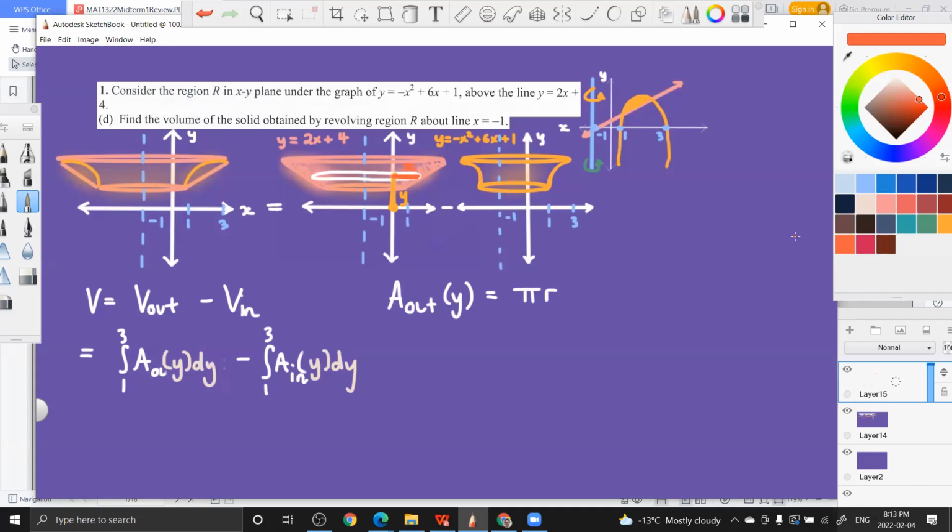So what is the radius? If you guys can guess, it's very easy. We know that this is negative 1, so the distance from here to here is 1. So the radius is just x plus 1, and this is pi r squared.